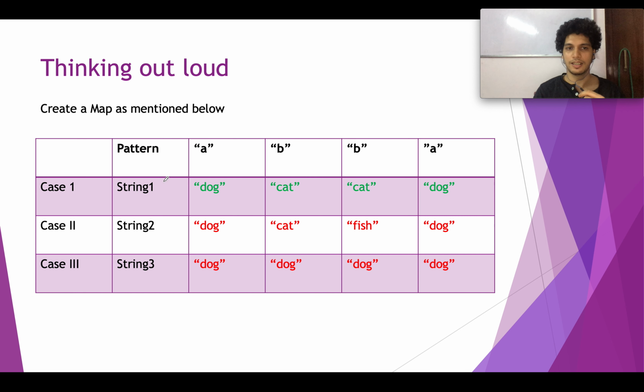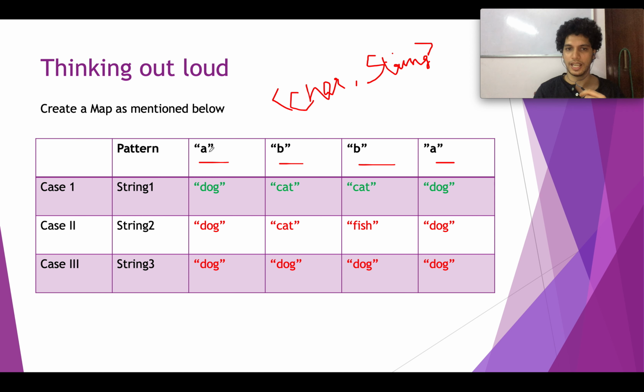So there's a pattern and there are 3 cases that I have listed down. The first case is the pattern A, B, B, A, and the string is dog, cat, cat, dog. What you're going to do is create a map of character, comma, string, and you will iterate through the string and the pattern and put each character against one word.